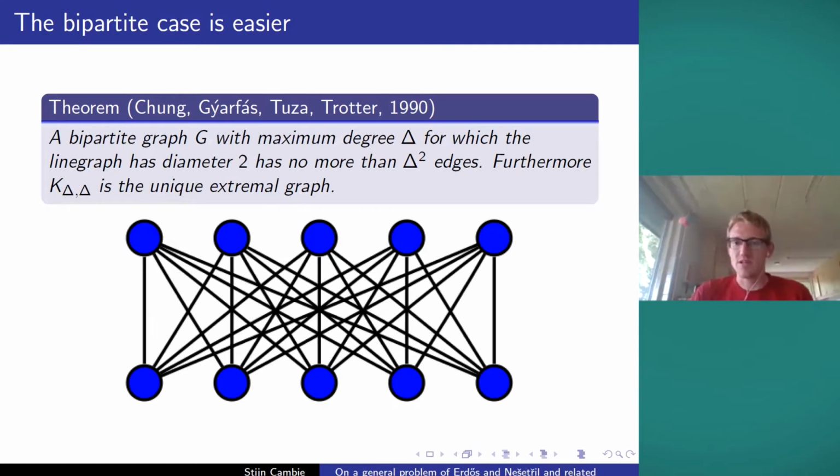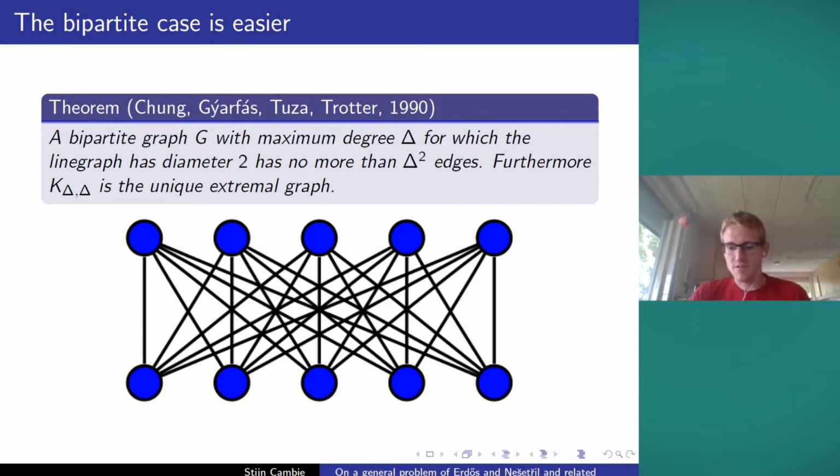It's easy to check that there are delta squared edges, because you have edges between the delta vertices on top and the delta vertices at the bottom. And every two edges share a vertex, or they span 4 vertices which induce a C4. So there is no induced matching on two edges.